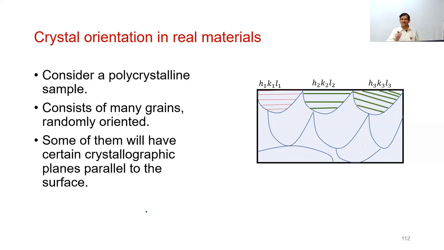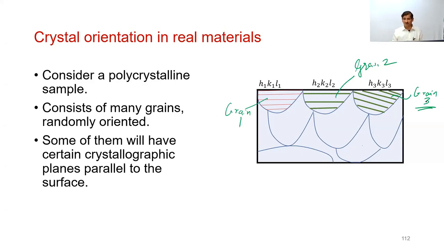If this is just a slice through the material, we'll see this is say grain 1, this would be grain 2, and this will be grain 3. Just by random chance, it can happen that in grain 1 we have the set of planes H1, K1, L1, which are parallel to the physical surface of the specimen.